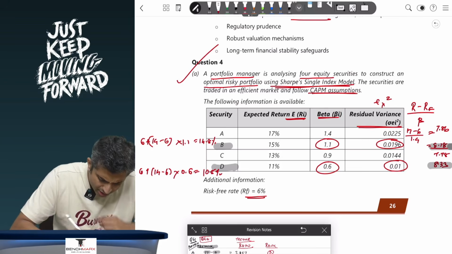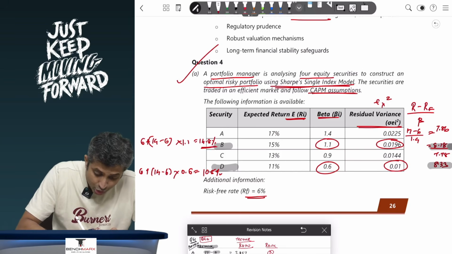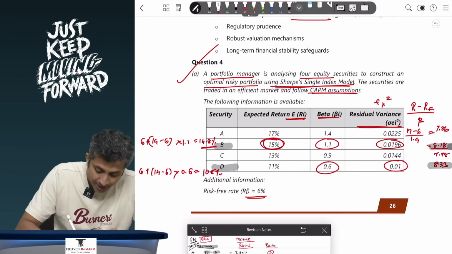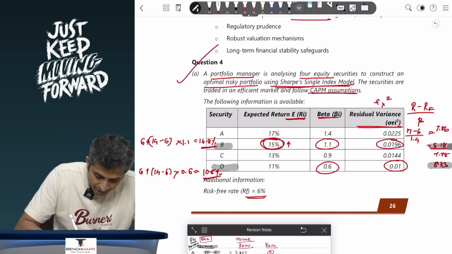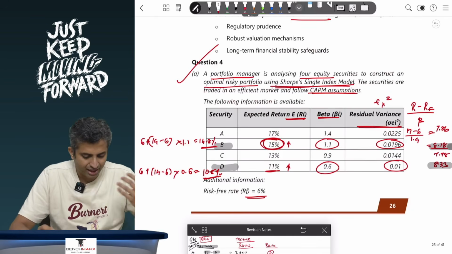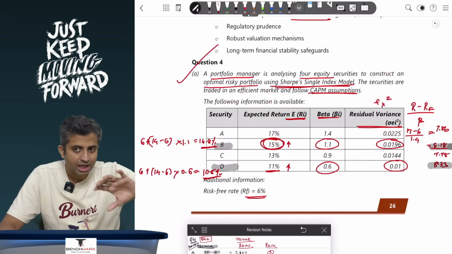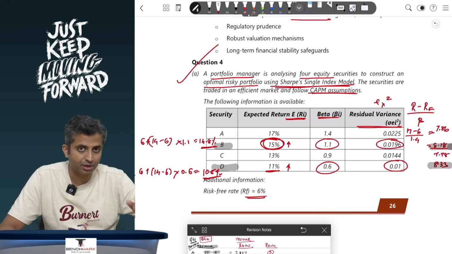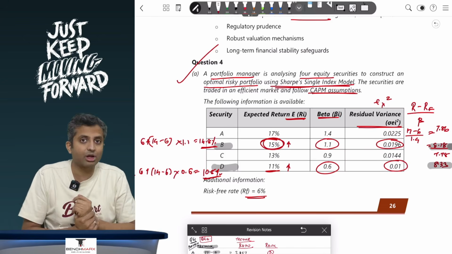Now if I look at the CAPM return for the selected securities, this is the required return. Your actual return for B is 15, which is higher. So B is worth buying. For D, required is 10.8 and the actual is 11, which is higher, so this is worth buying. As extra working, you can even do it for A and C, and you will find that your CAPM required rate of return for A and C points out that A and C are not worth buying.